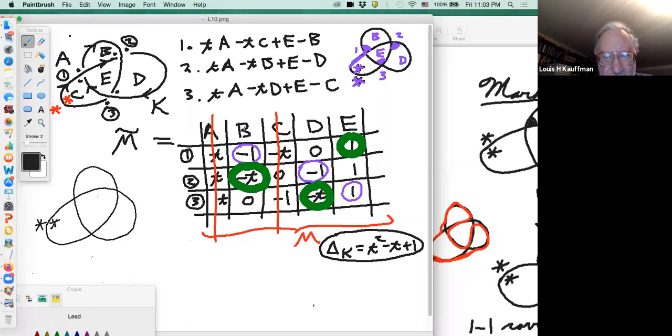Now, in that case, B chose 2, and D chose 3. And E chose 1. You see, another one.